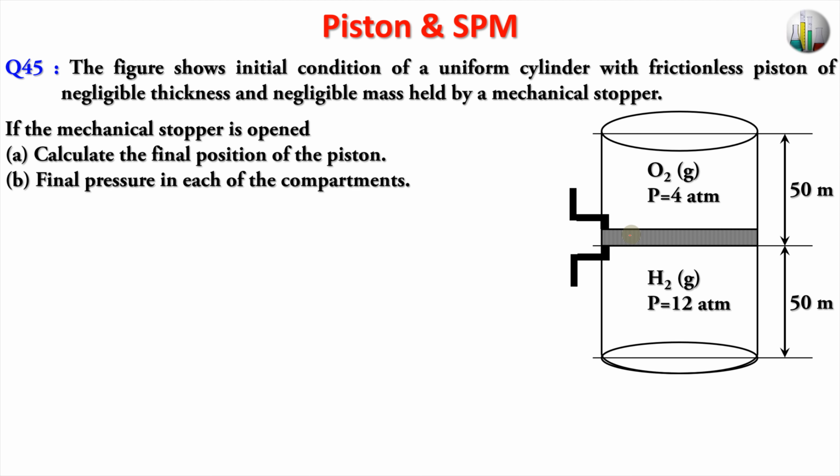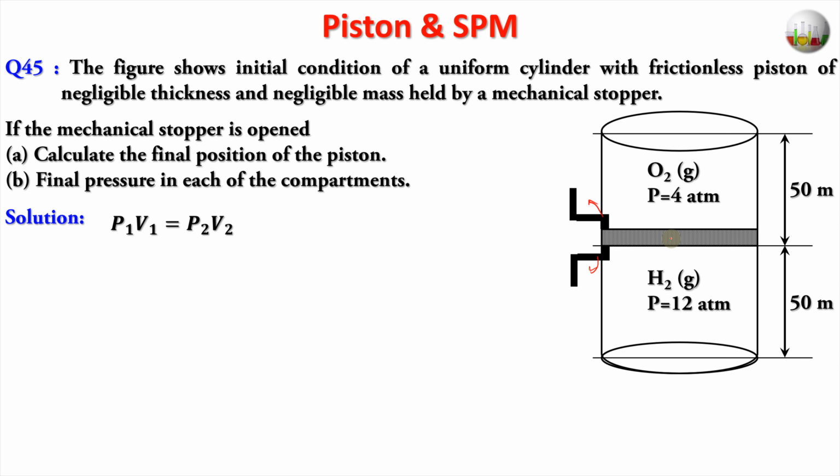Now, how do we solve this question? They say that this is removed, this is allowed to move, and obviously the pressure below is higher. So this will move up by a distance, let's say A. P1 V1 is P2 V2. Now try and understand this.